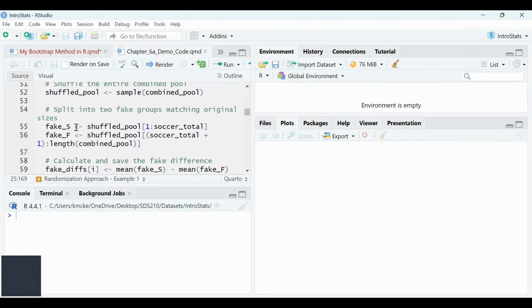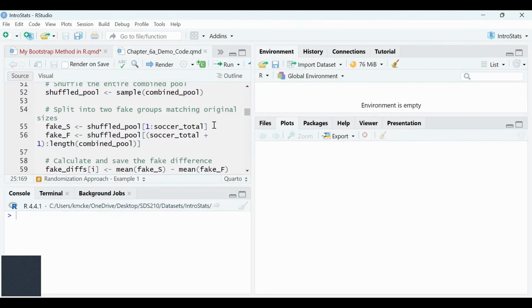So then we're going to create two groups of the original size out of that big shuffled pool. And the fake soccer sample will be from 1 to the total number of soccer players. And then the rest of them will be the fake football sample, which will be from the shuffled pool, the soccer numbers plus one.